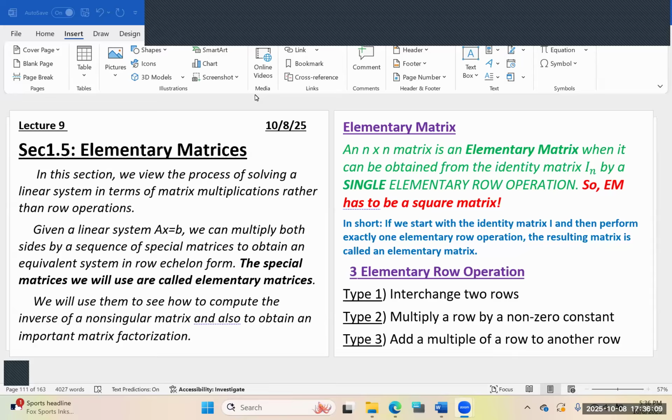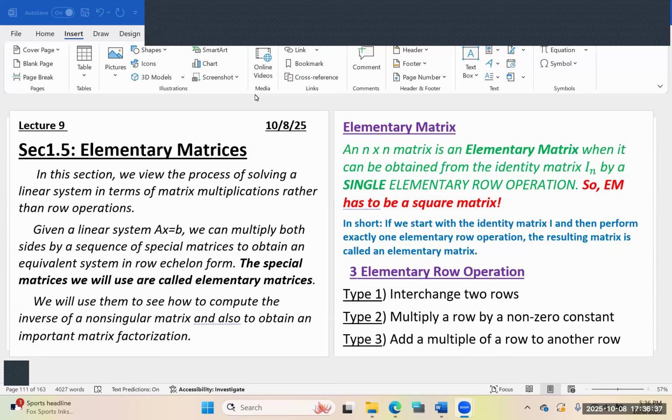So this process needs elementary matrices. So what are elementary matrices? It's a matrix that is only one step away from being the identity matrix. A square matrix is an elementary matrix if it can be obtained from the identity matrix by a single elementary row operation.